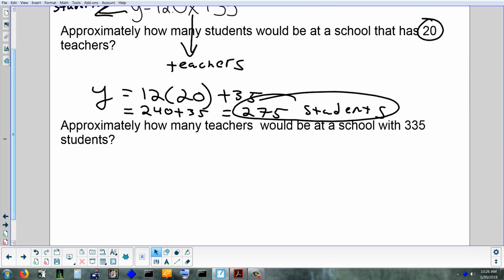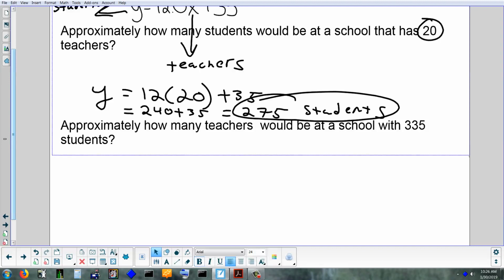In this kind of situation, it doesn't make sense to have 22.6 teachers. So you really need to round it. If you need 22.6 teachers at the school, then you need to hire a 23rd teacher. You have to round it. So approximate how many teachers you would need with 335 students.